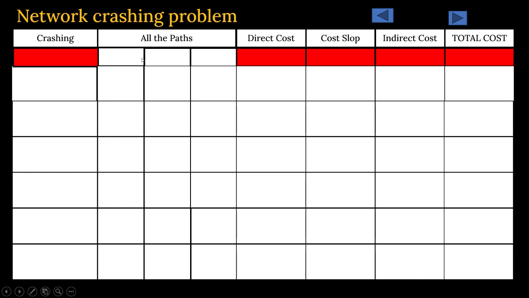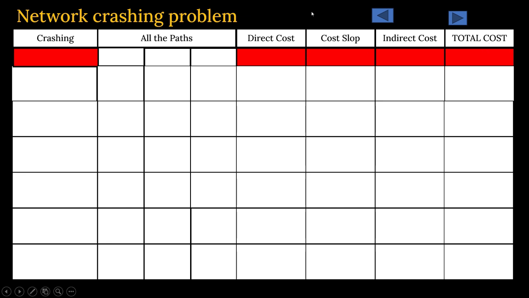In our network, we have only 3 paths, that's why there are these 3 columns. In your project, if you have 4 or 5 paths, accordingly 4 or 5 columns will be created. Then one is the direct cost. I have already discussed the cost structure earlier. Another is the cost slope, that means crashing cost per day, and then the indirect cost involved. And finally, if you add these 3, you will get the total cost.